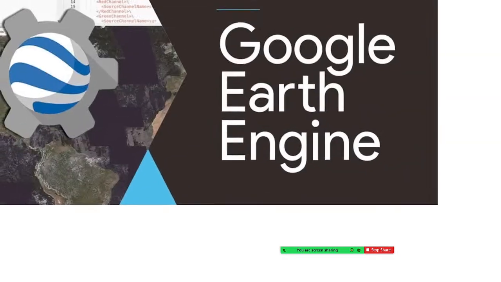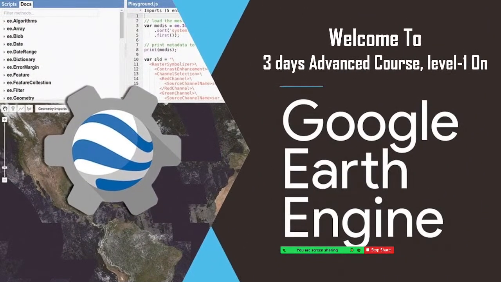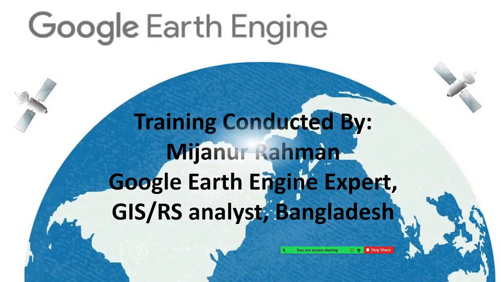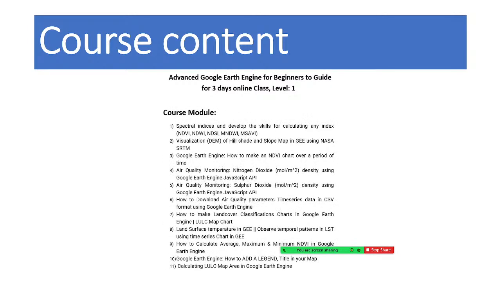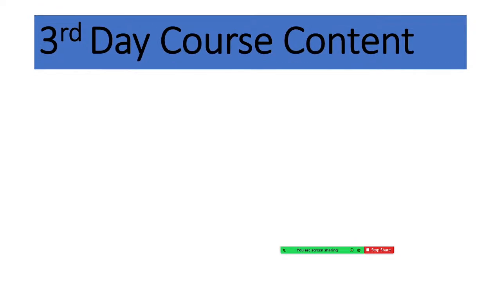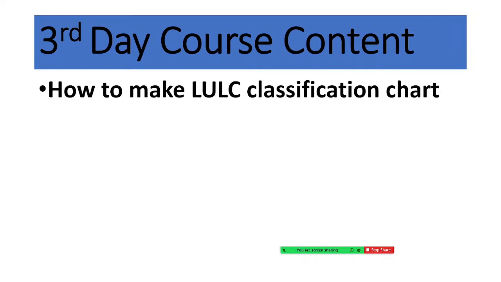Hi and welcome to the third training session, advanced level, on Google Earth Engine for remote sensing analysis. This is our full course content. Today, in this third day, the course content will be how to make a land cover classification chart.